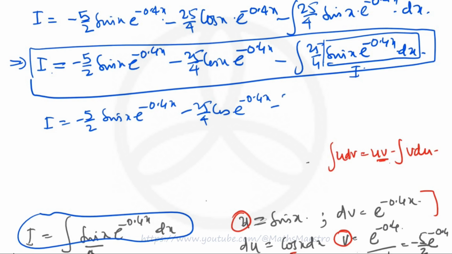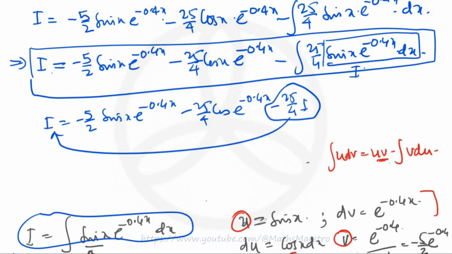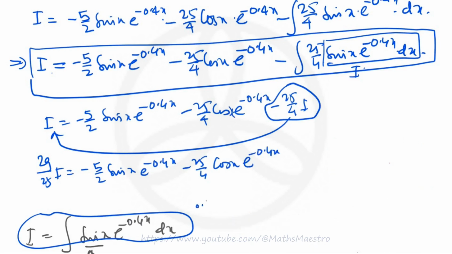So actually we can write I is equal to minus 5 by 2 sine x e to the power minus 0.4x minus 25 by 4 cos x e to the power minus 0.4x minus 25 by 4 I, and let us take this particular term on the left hand side and add it. It will become 29 by 25 I is equal to that expression, and therefore our solution will be I, the entire thing multiplied with 25 by 29.